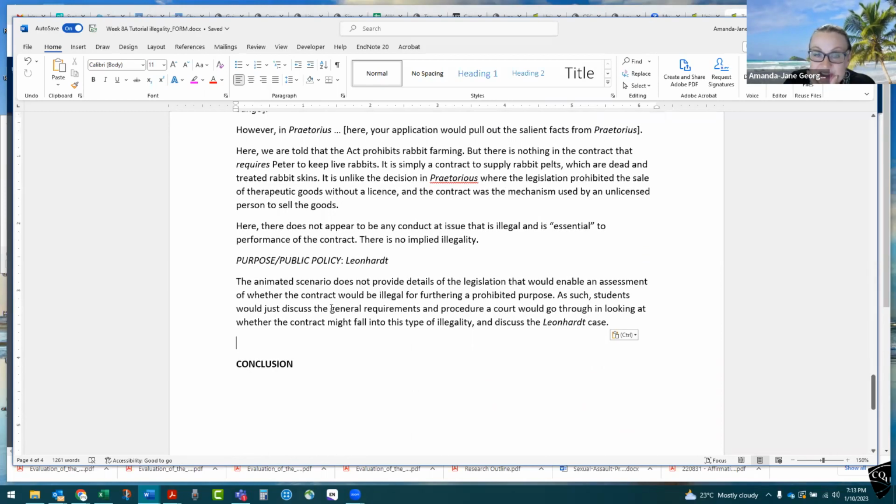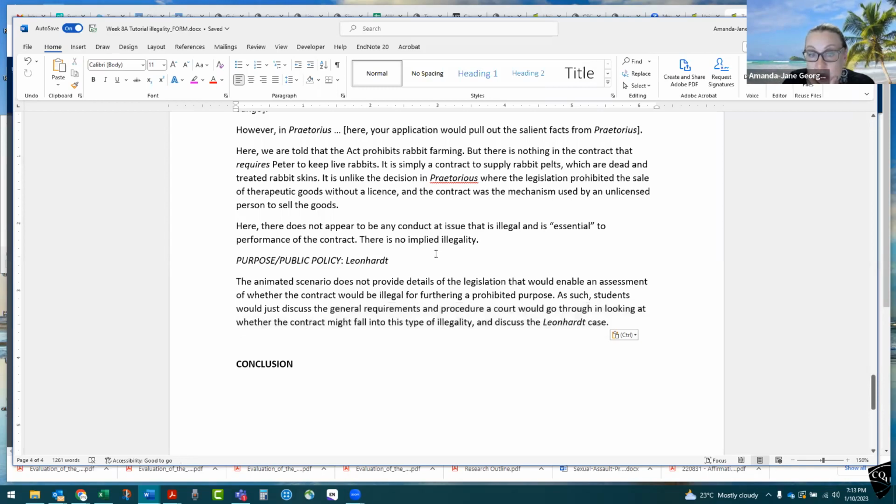So you would just discuss the general requirements and procedure that you go through in looking at whether or not this could potentially be a case of furtherance of an illegal purpose. And you'd probably discuss the Leonhardt case, which I talked to you about before, that Water Act case.